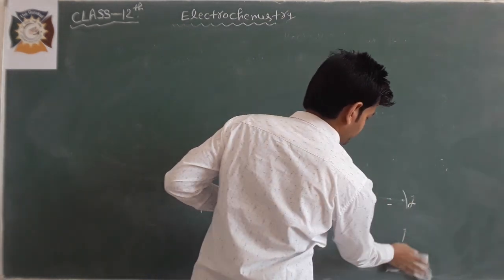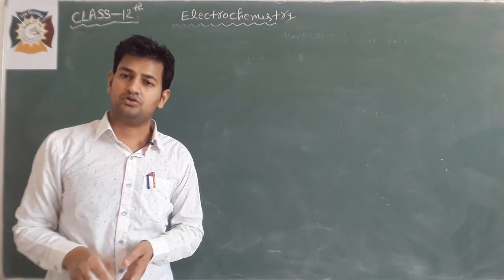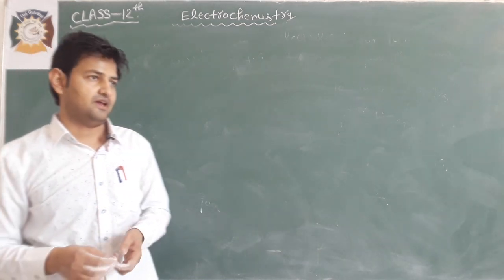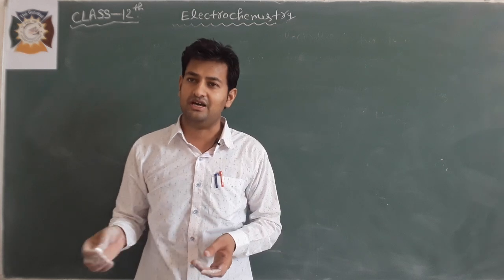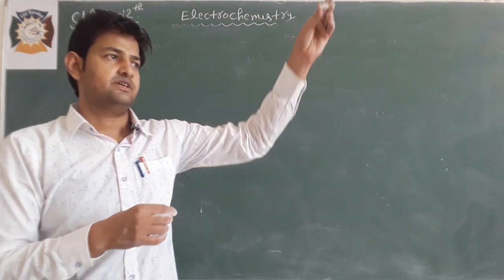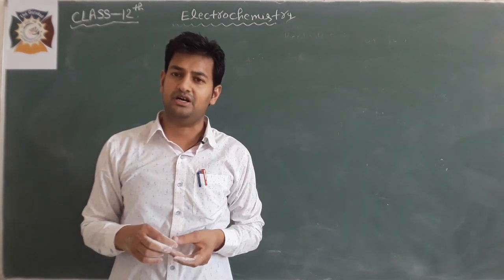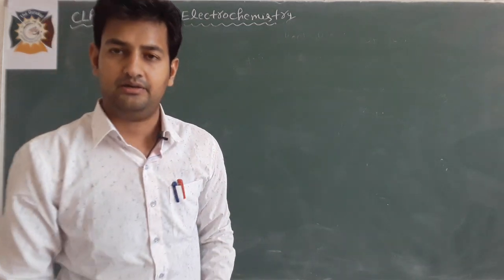We can say that the weight deposited is directly proportional to the charge passed through the solution. And the second law: when the same quantity of charge is passed through solutions connected in series, the mass deposited on the different electrodes is proportional to their equivalent weights.